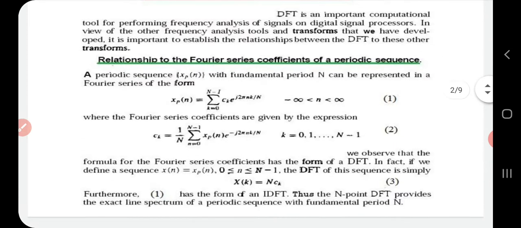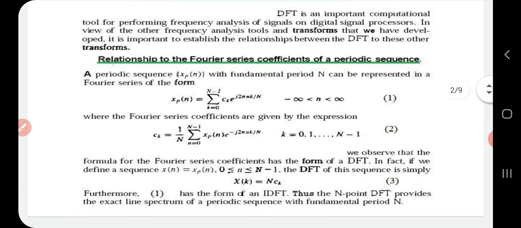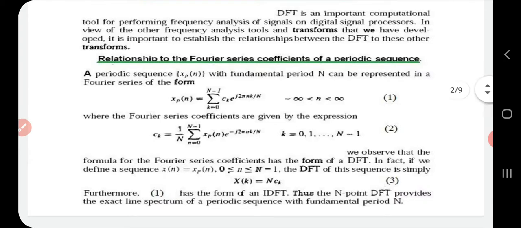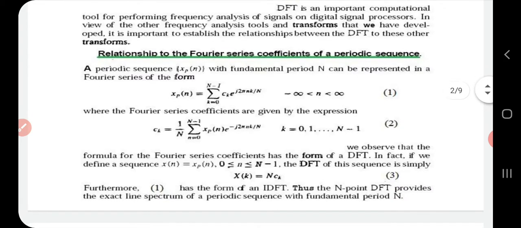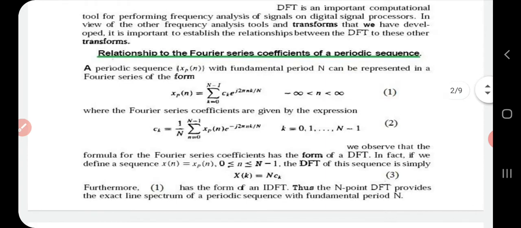So first of all, we will learn about the relationship of DFT to the Fourier series coefficients of a periodic sequence. Suppose that you have a periodic sequence, say xp(n).